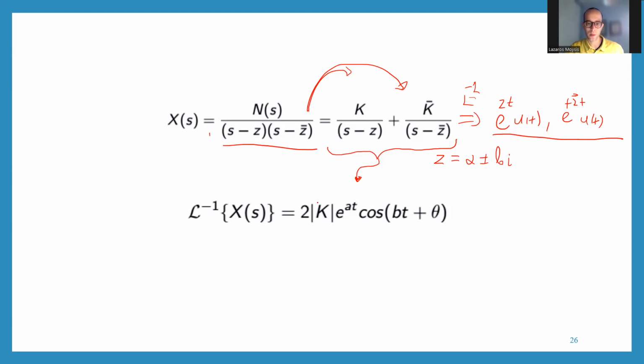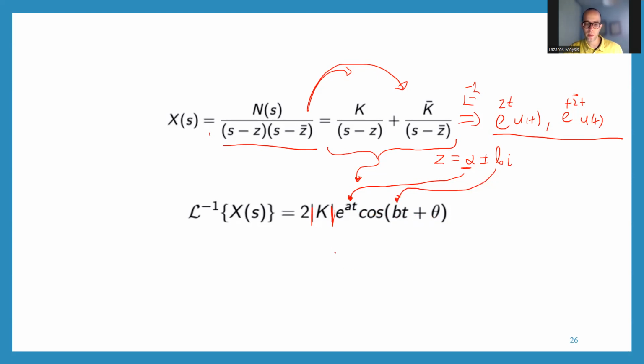We have 2 times the absolute value of k, and this is a complex number, so we are referring to the magnitude of the complex number. Then for this pole, the real part ends up, as in the previous cases, in the exponential function. The imaginary part ends up as the coefficient of the cosine function.